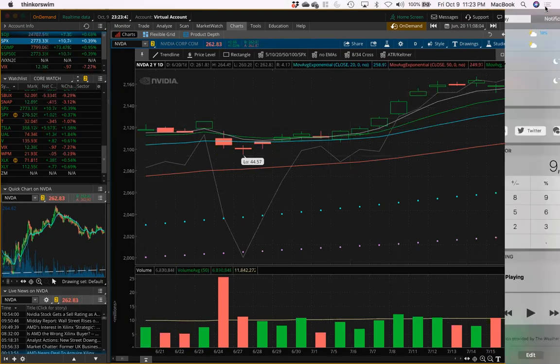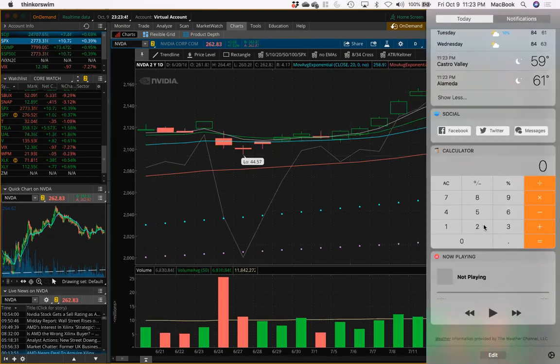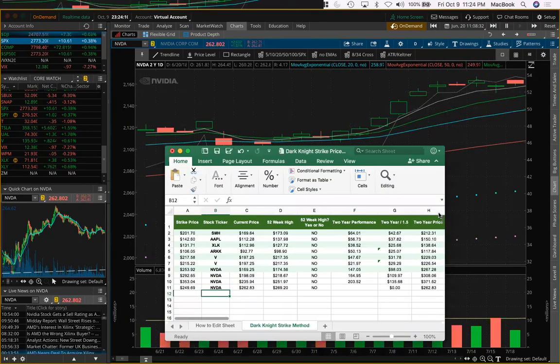So, 262.81 minus 47.56. So we have still ridiculous. I can't wait till I get to another stock where it's a little more realistic, I think. We have a 2-year performance of 215.25. That's a by golly low.